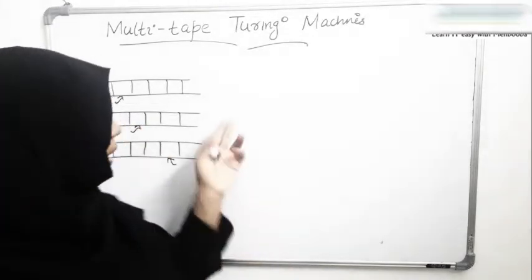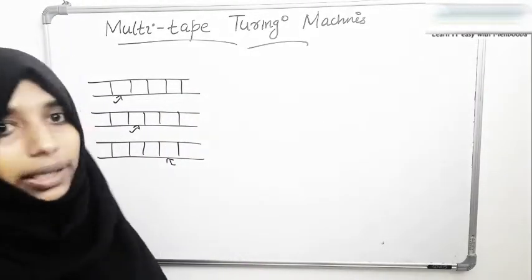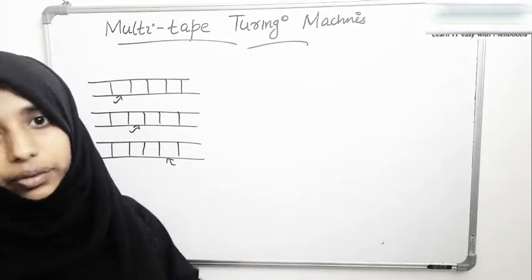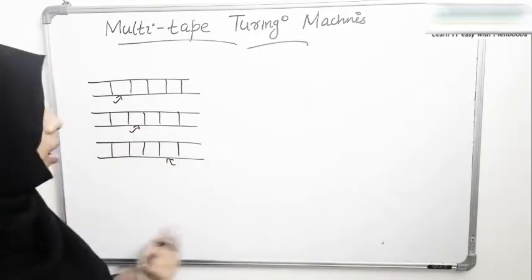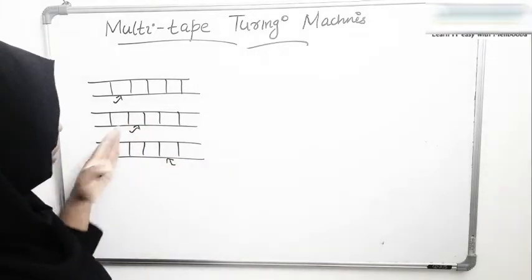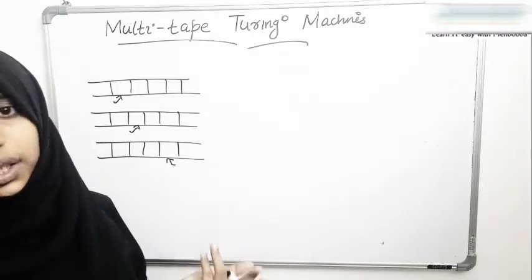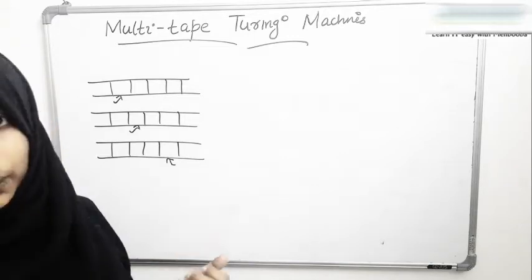Usually in the input tape we can just read the input, and in the output tape we can simply write, or we can write and read the output as well. The remaining tapes will be the working tapes, and one tape could be the output tape. So that is the basic concept of a multi-tape Turing machine.